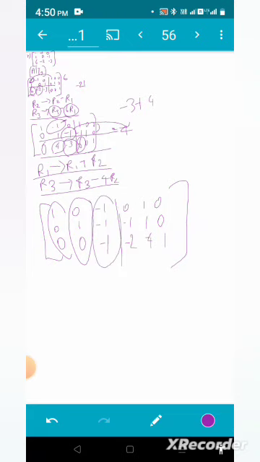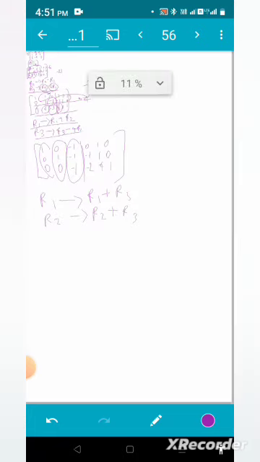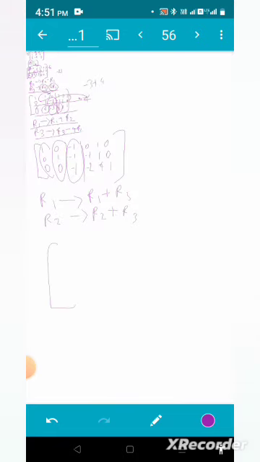Then we have to change to 0 0 1 here. So we change the first row. R1 gives R1 plus R3, and similarly R2 also gets 0 here. So R2 gives R2 plus R3.